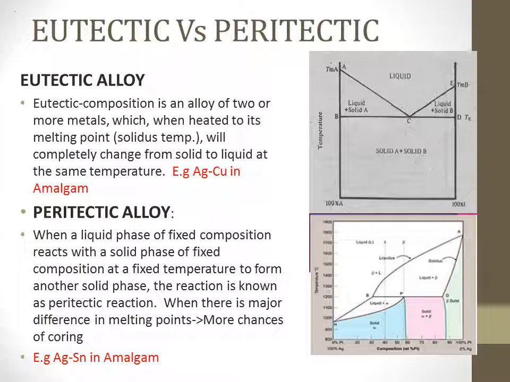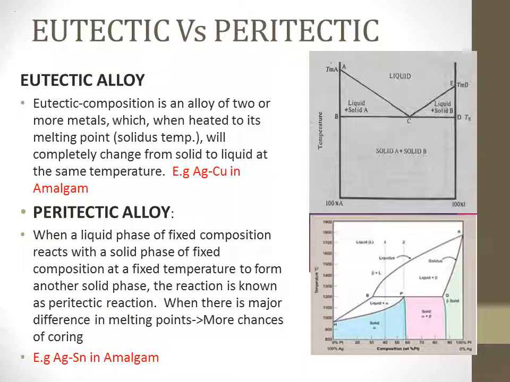A classical example of eutectic alloy is silver copper in case of dental amalgam. As I mentioned, when dental amalgam is setting, there are different phases that are formed, and when silver copper is formed, it is a eutectic phase, and this is how the graph looks.